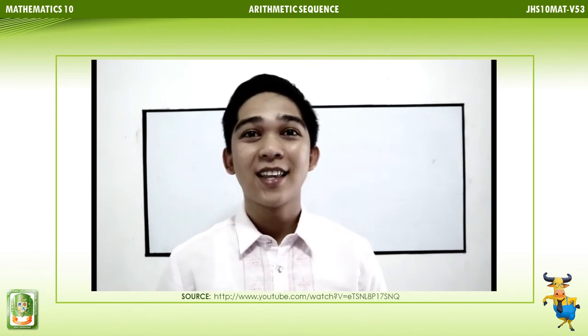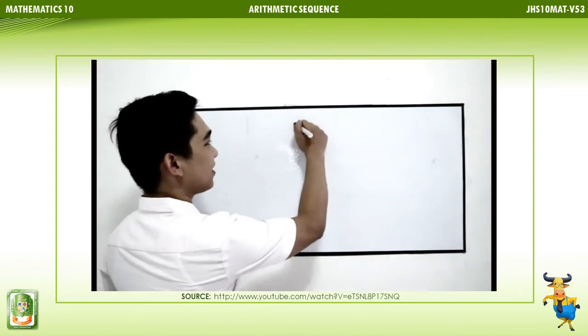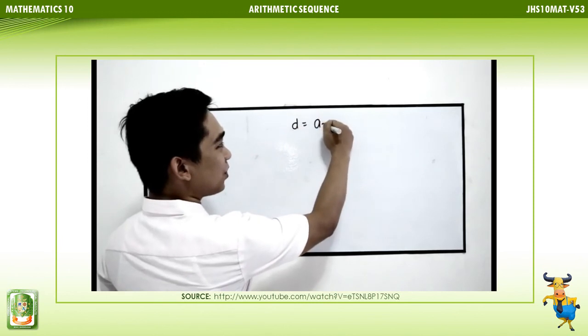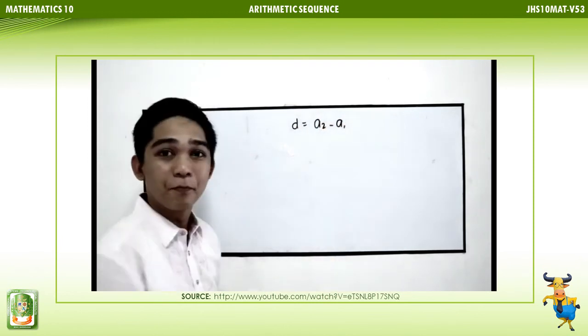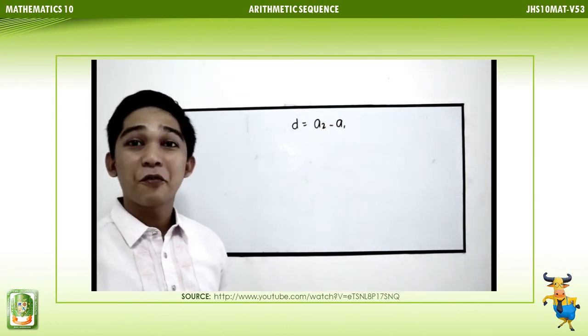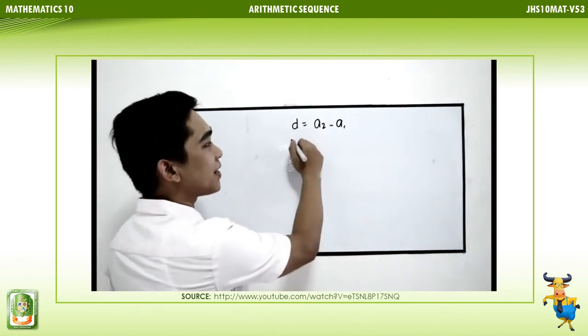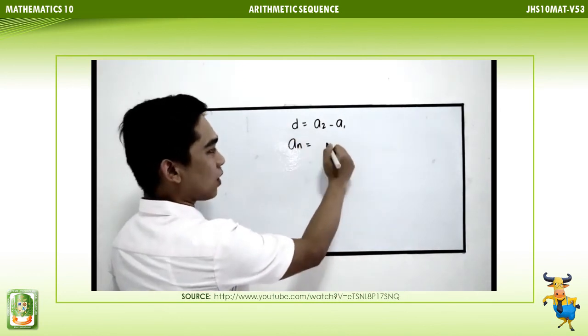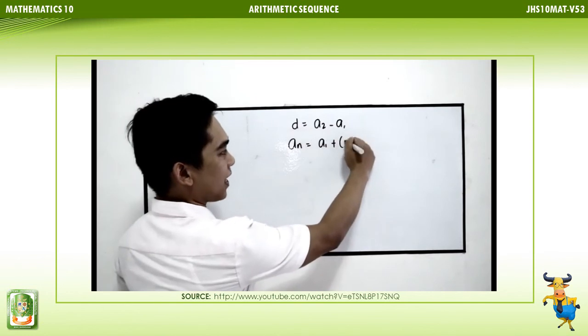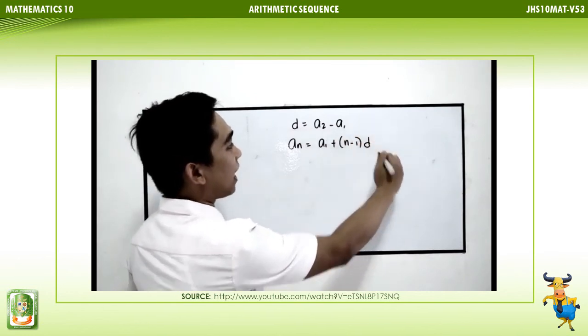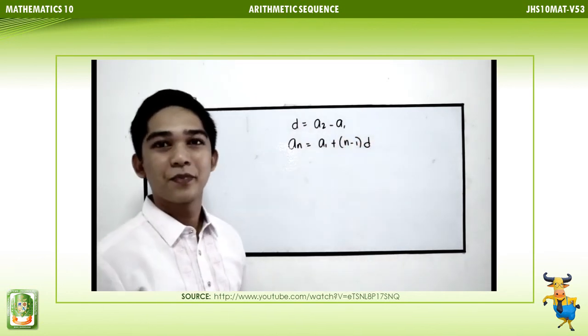Under the arithmetic sequence, we have the formula for the common difference, that is A2 minus A1. And for finding the terms, AN is equal to A1 plus N minus 1 times the common difference.